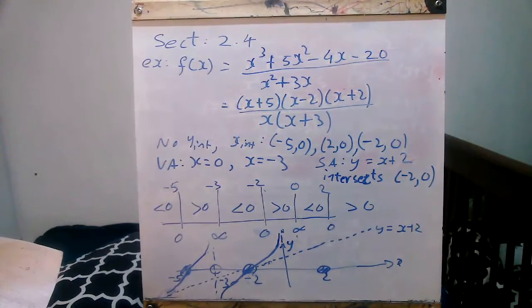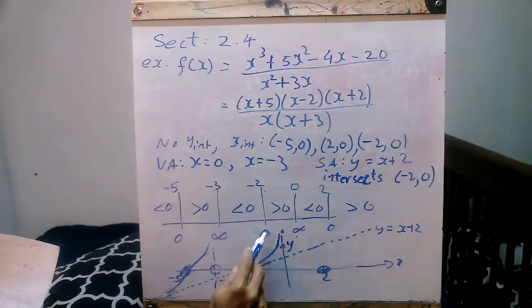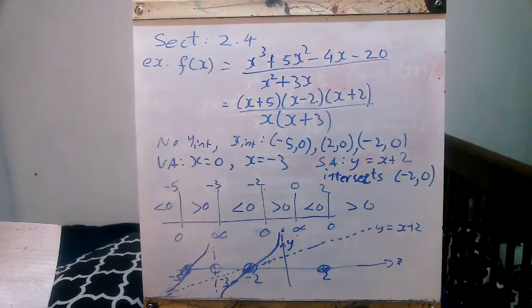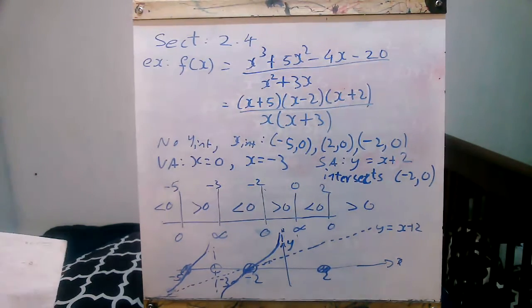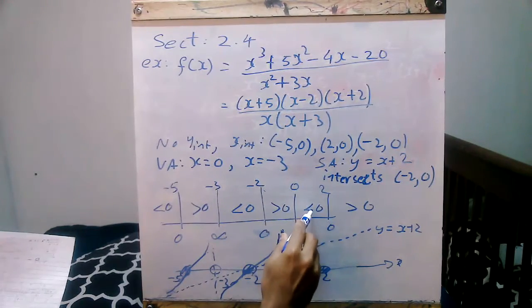Okay, now the right side of the y-axis means the right side of 0. It is greater than 0. Left side it is greater than 0, right side it is less than 0.